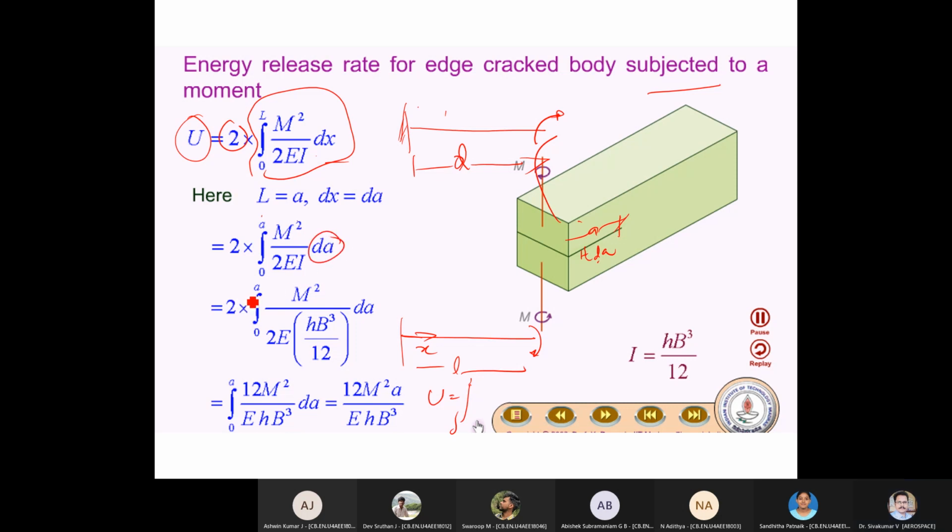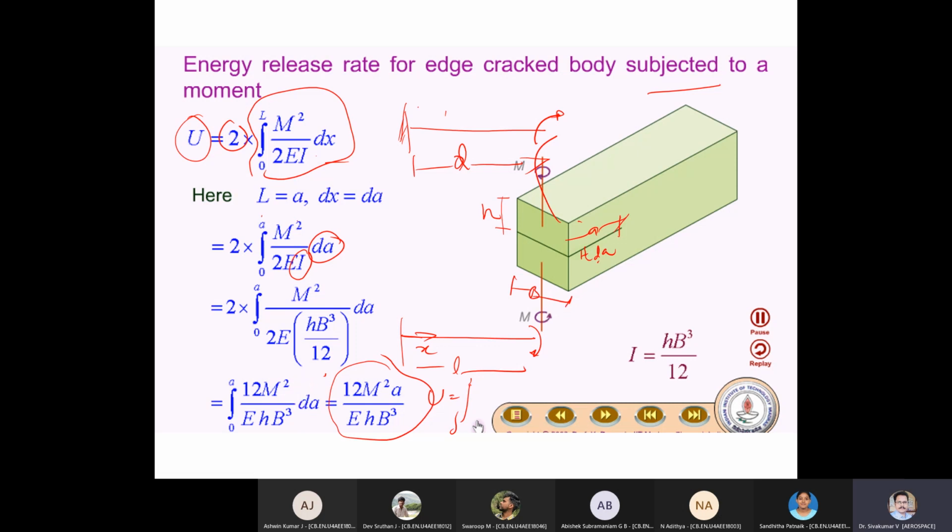Substituting my moment of inertia, b h cubed by 12, I will get the total strain energy as 12 M square A by E b h cubed. M is the amount of moment you applied, A is the crack length, E is Young's modulus, h is the height of the beam, and b is the width. Then you will get this much as the strain energy.